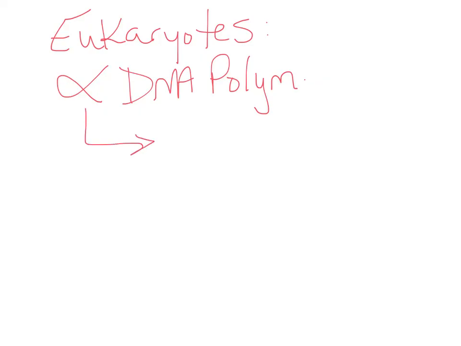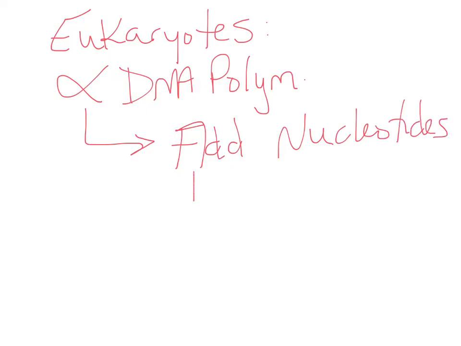So this adds nucleotides to the primer. But the alpha DNA polymerase is not very good at correcting errors, and it's not as efficient at preventing errors from occurring.